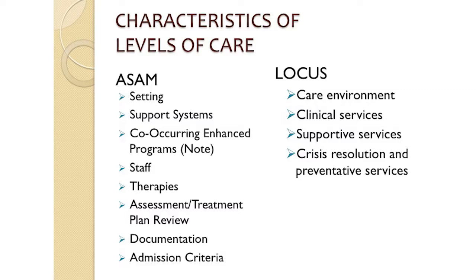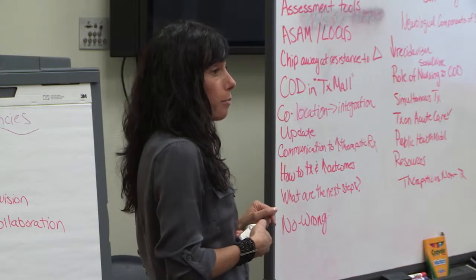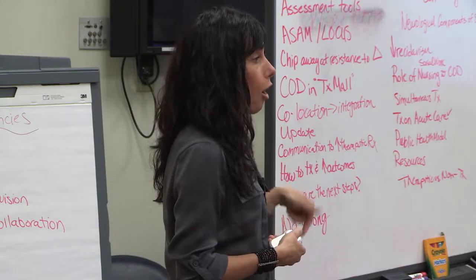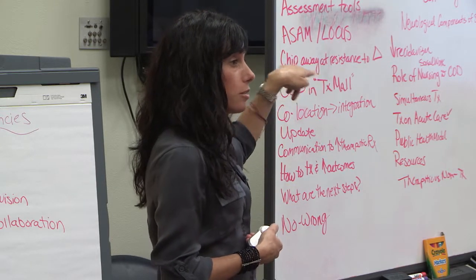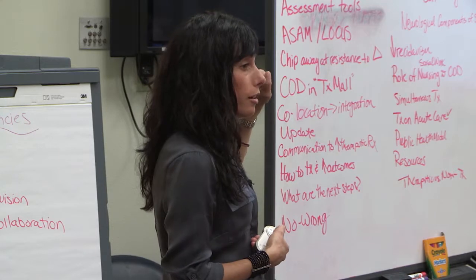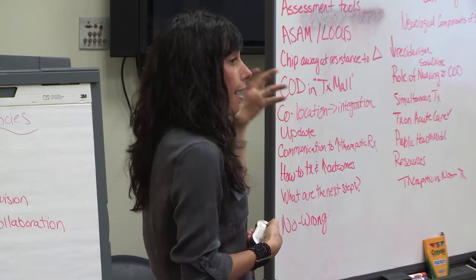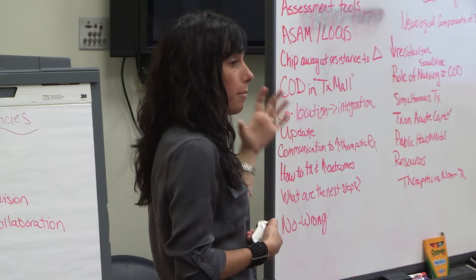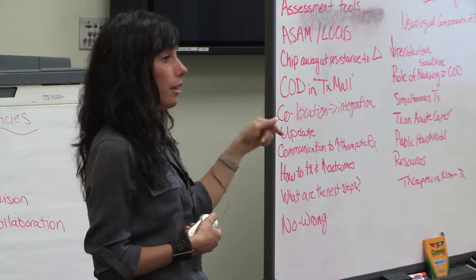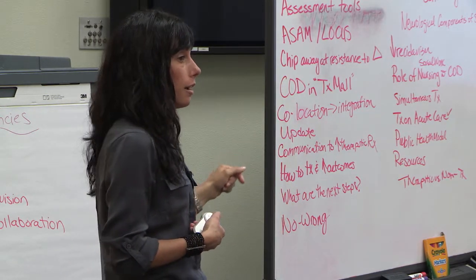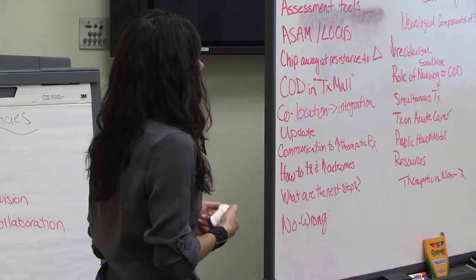ASAM was just updated in 2013. In rural clinics, we are requiring that all of our clinical staff are trained in the ASAM specifically, so that when we do have an individual with a co-occurring disorder, we can really take that information and make placement recommendations based on their intensity of need with their substance use disorder in the context of a co-occurring disorder.